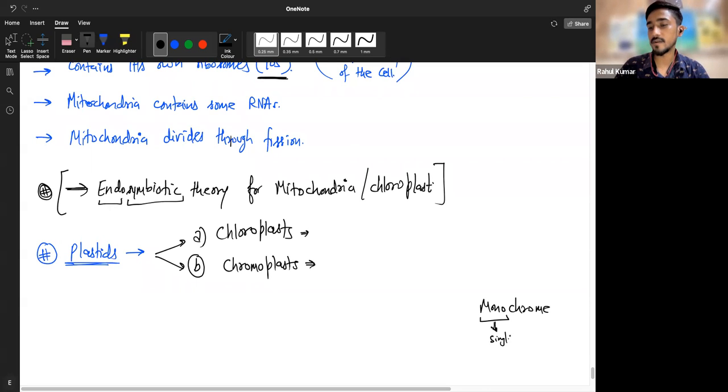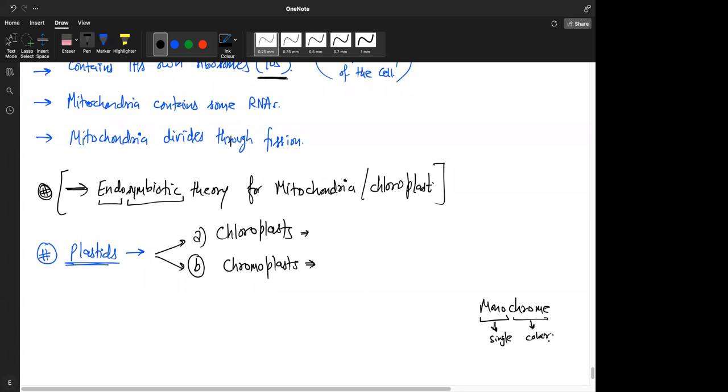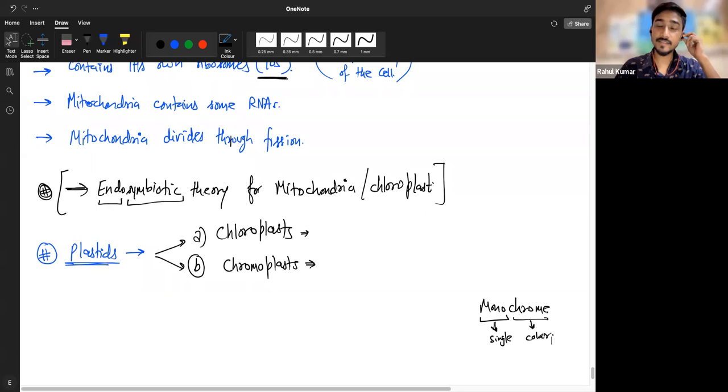Single, one, right? Chrome means color. So any filter that only enhances or is based on one color is called a monochrome filter. So chromoplast is plastids containing other colored pigment apart from the green pigment, which is chloroplast.